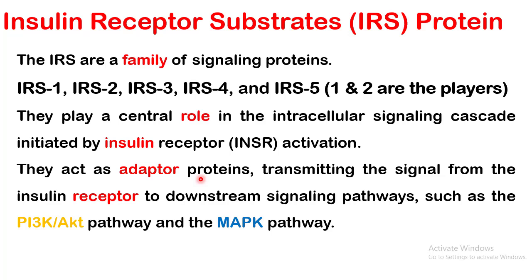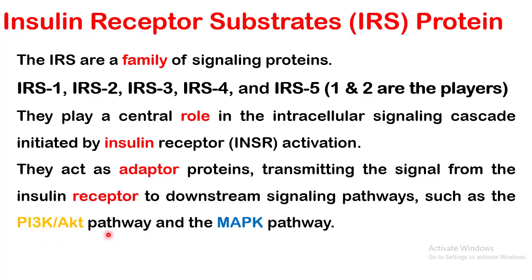What I mean by that is that they usually do not have any enzymatic activity. They are working as mediators. We call them adapter proteins. And what they do is that they are responsible for transmitting the signal from the insulin receptor to the downstream signaling pathways such as the PI3K or the AKT pathway.